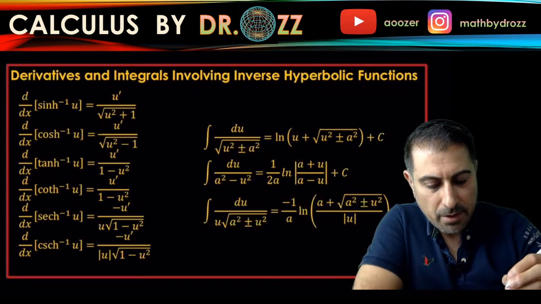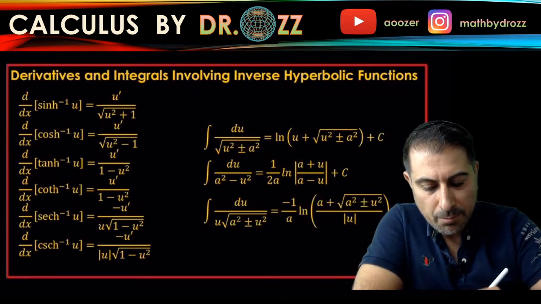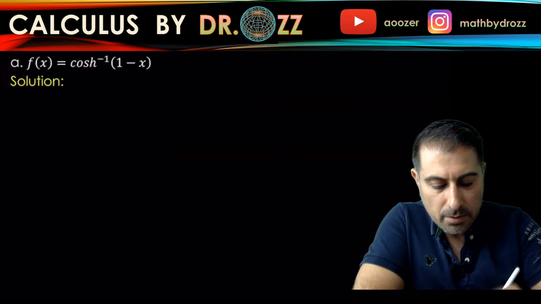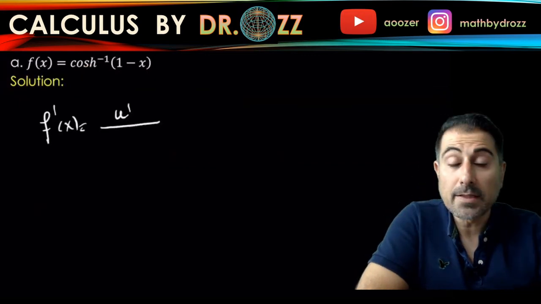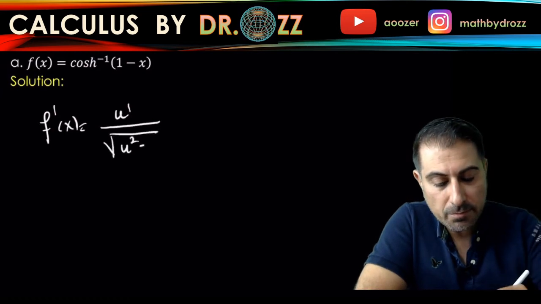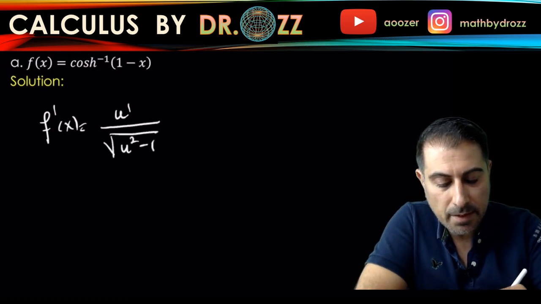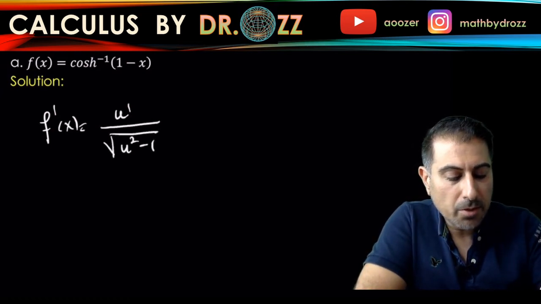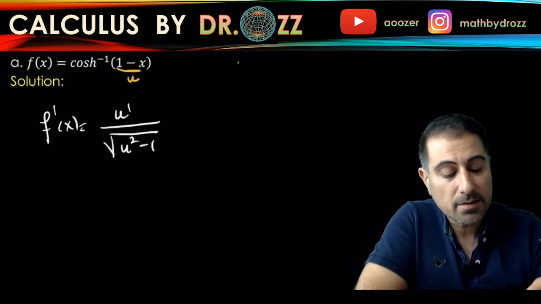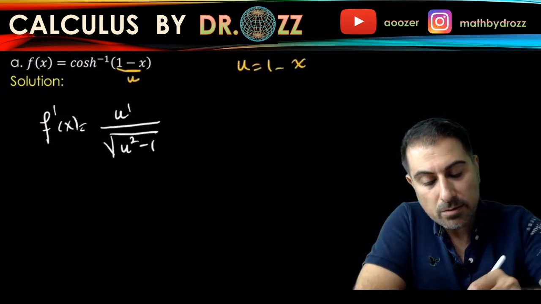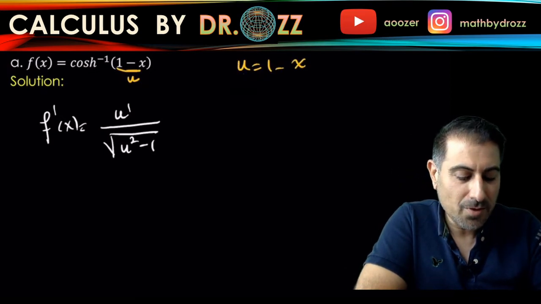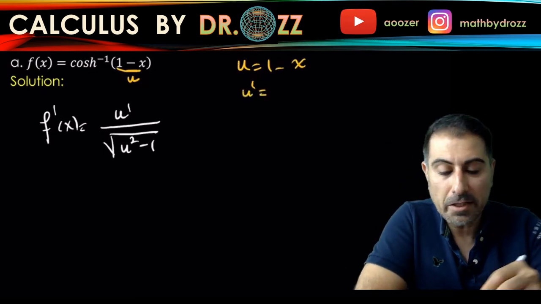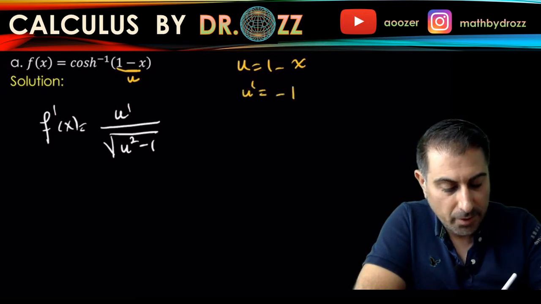So f prime of x is u prime divided by the square root of u squared minus 1. And who's u? Well, u is the inner part, so I'm going to call u to be 1 minus x, so that u prime equals negative 1. There we go. I think I have all the ingredients ready.